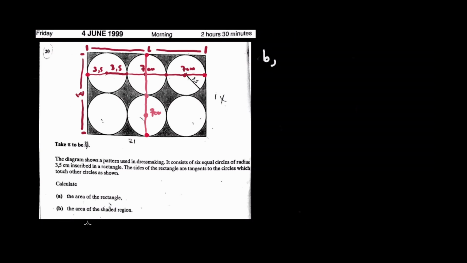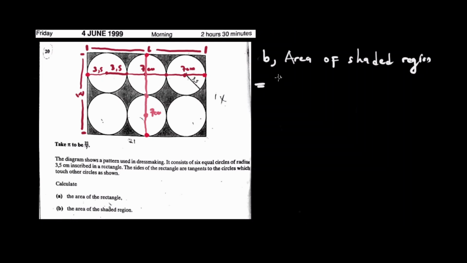Part B yakanzi the area of the shaded region. Saka kuti calculate the area of the shaded region, area of shaded region is equal to, saka into shaded region pakaiswa this I think it's black, this dark color, the shaded region.